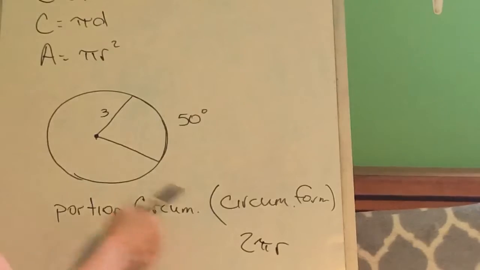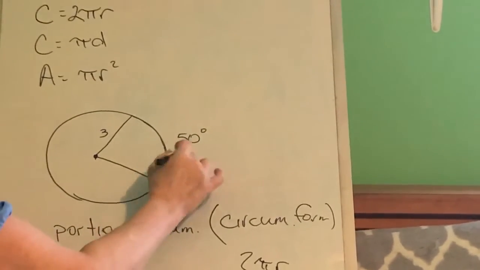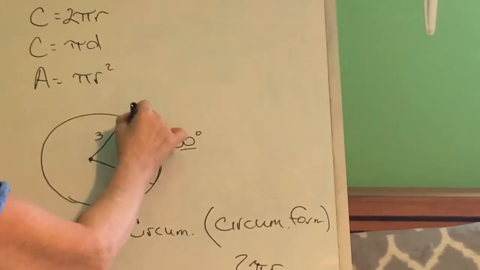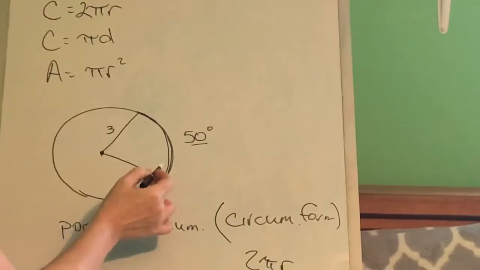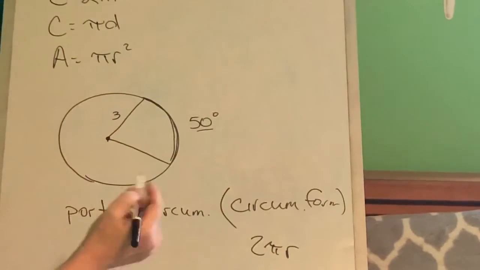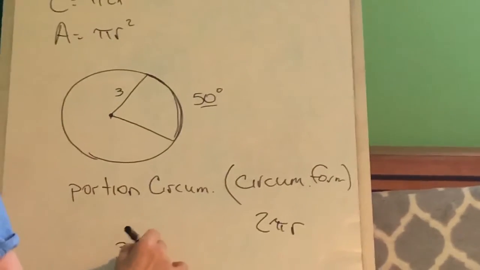Now the portion of the circumference that this is 50 degrees for this little bitty arc. What's the entire circumference of the circle? It's going to be 360 degrees.